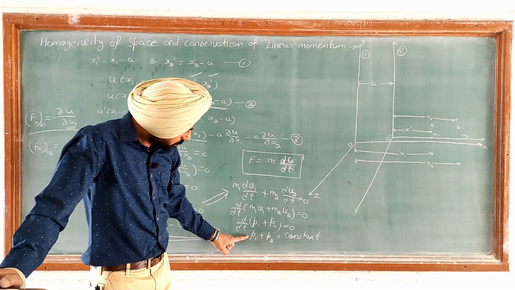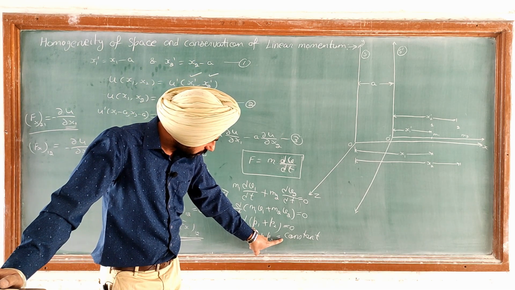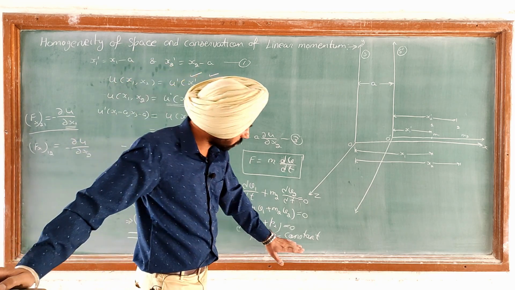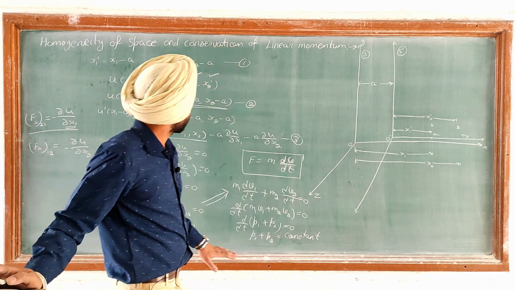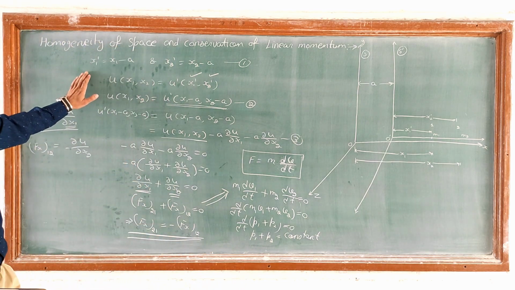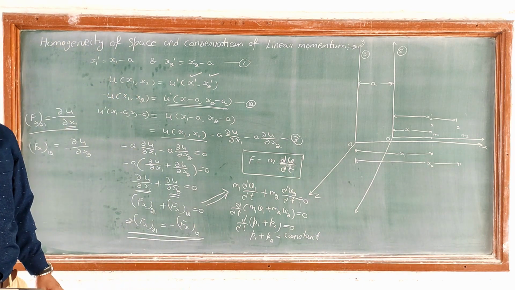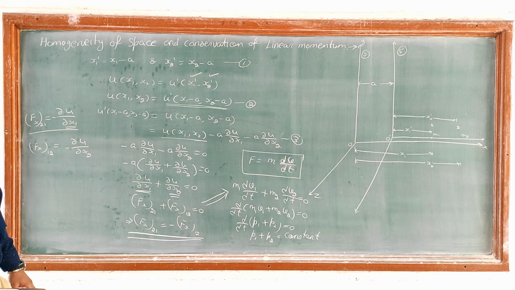So this means p1 plus p2 is constant. That means the linear momentum of the system is constant. In this case we started from the homogeneity of space, so this is the law of conservation of linear momentum. Hence the law of conservation of linear momentum follows from the linear uniformity or the homogeneity of space.